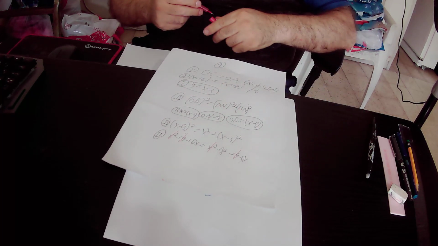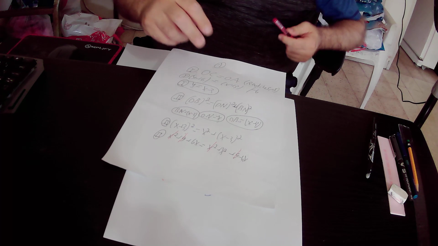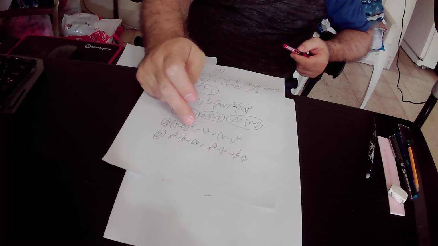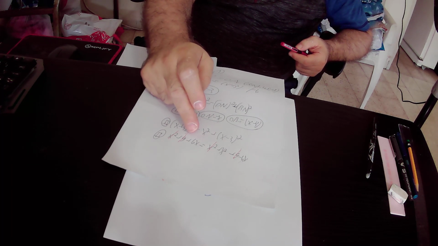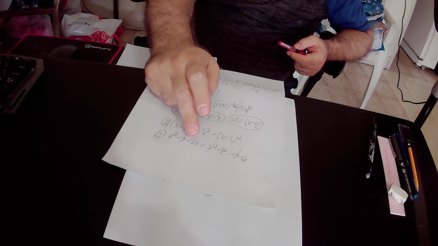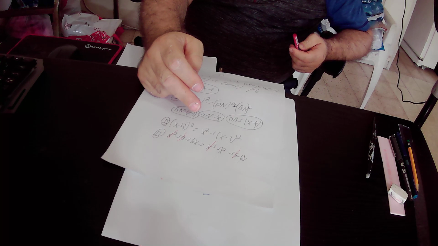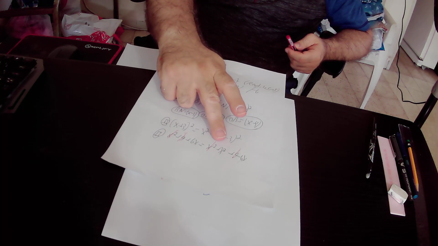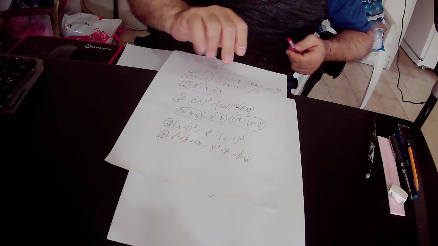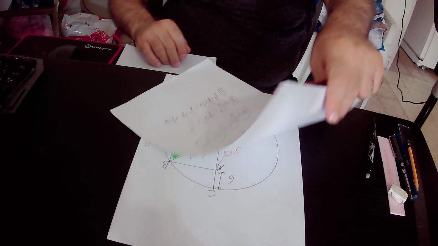So what is left? Here, the only expression that is left is 6x, and on the other side of the equation, we are left with x squared minus 6x, okay? So I will write it now.